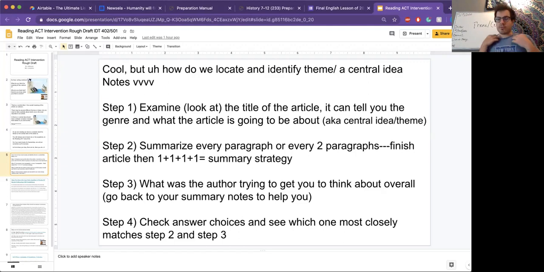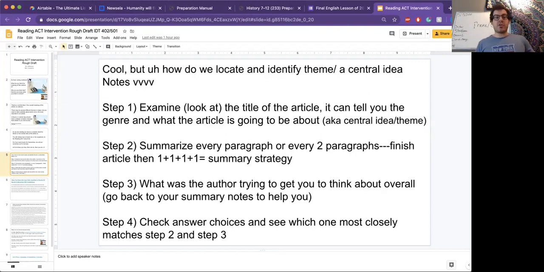So as you're reading, you are annotating, you're underlining important details. I would say every 1 to 2 paragraphs, just write what the main idea was for that paragraph.